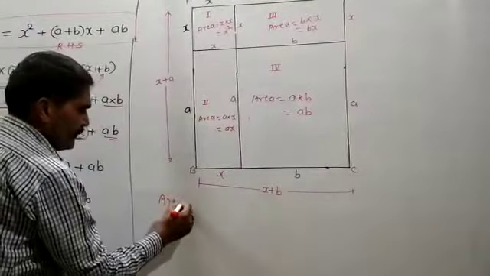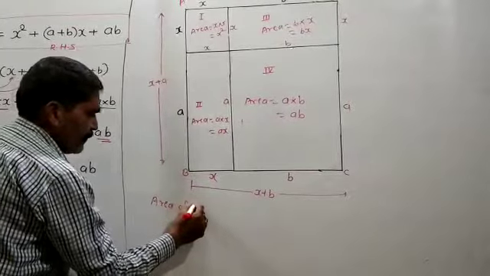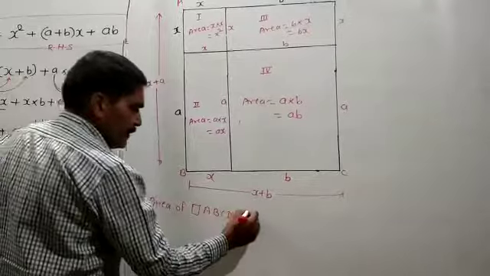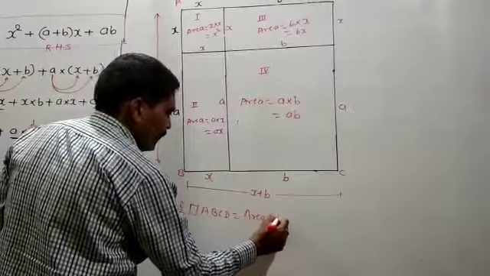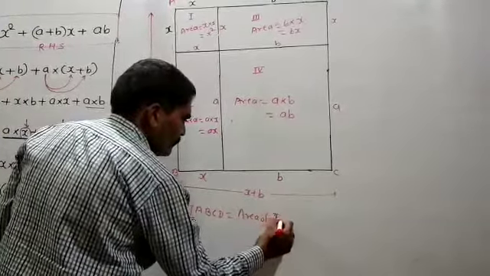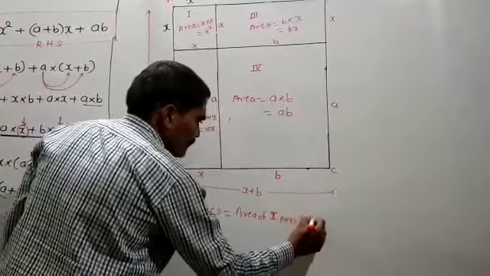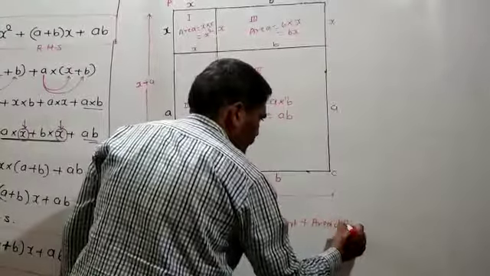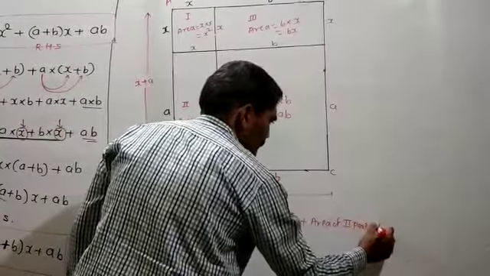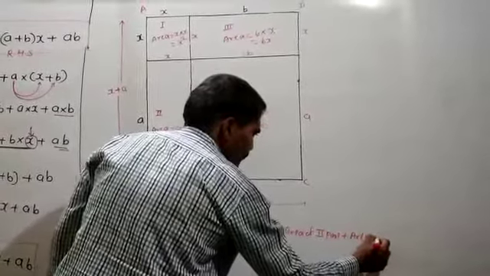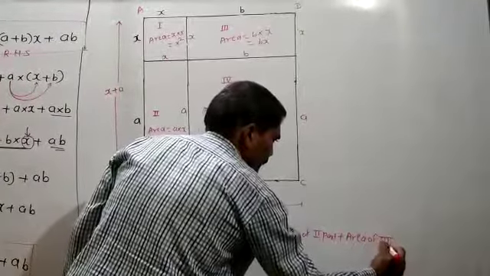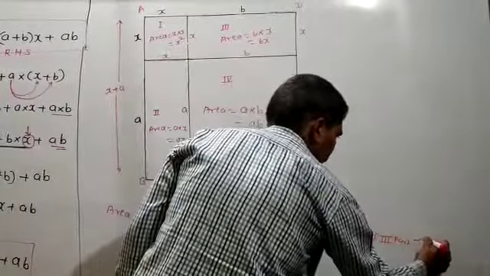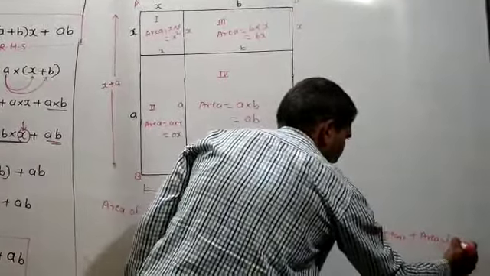Area of quadrilateral ABCD is equal to area of the first part plus area of the second part plus area of the third part plus area of the fourth part.